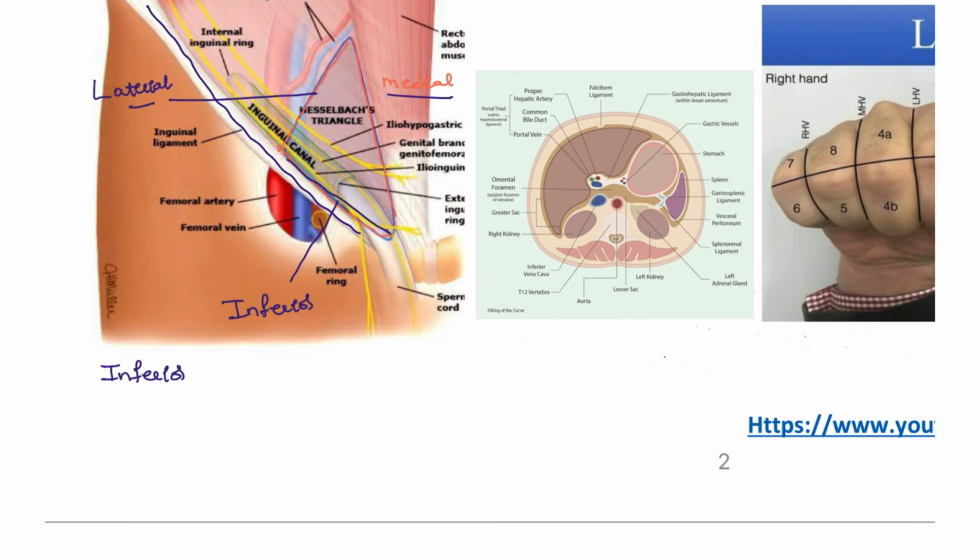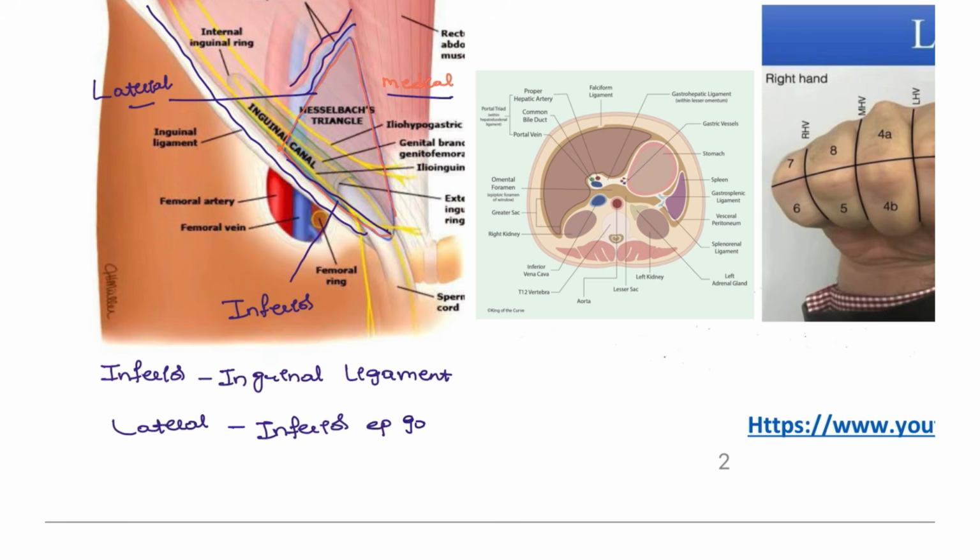The inguinal ligament is present on the inferior part. Next, the lateral side: see the vessels passing there. These are the inferior epigastric vessels, only the inferior epigastric vessels. Next, on the medial side, this is the rectus abdominis muscle.